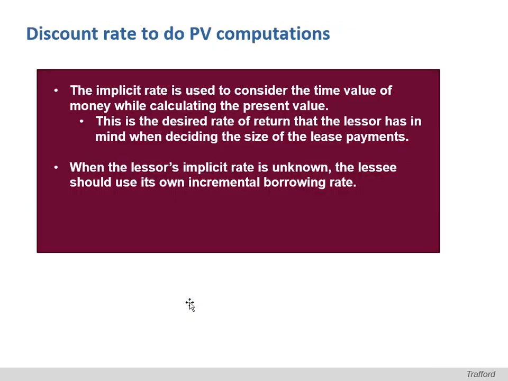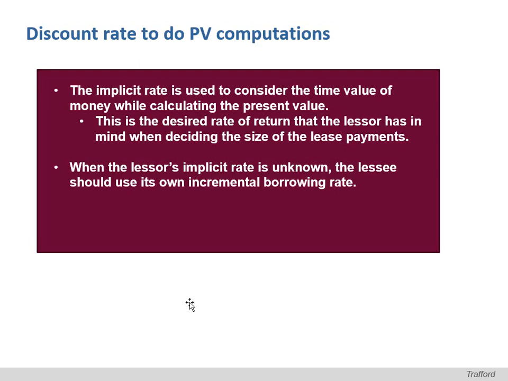I've said that whether it's an operating lease or a finance lease, the lessee needs to record a right-of-use asset and a lease liability equal to the present value of all of those future lease payments. Well, what do they use as an interest rate to compute that present value amount? Generally, the lessee is going to use the lessor's implicit rate.